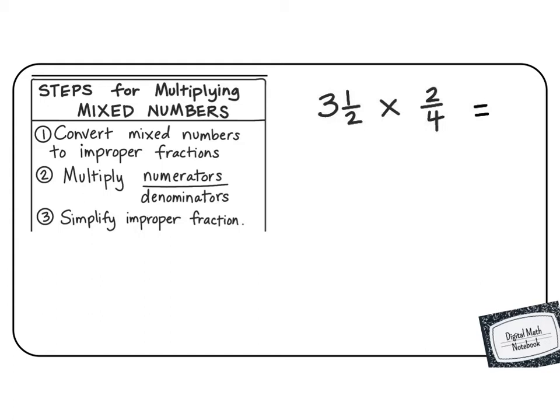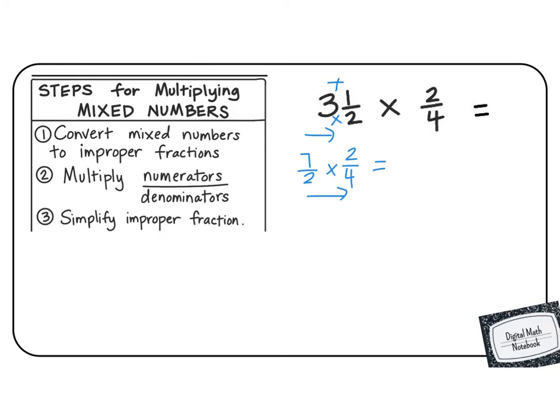That means that we're going to multiply times the bottom. 3 times 2 is 6, plus 1 is 7. So you have a line that says improper, so that would be 7/2 times, our second fraction doesn't change because it's already just a fraction, 2/4. Now we're going to multiply straight across the top and straight across the bottom. You have a line for this as well.